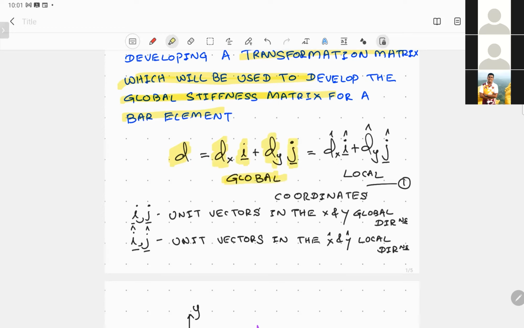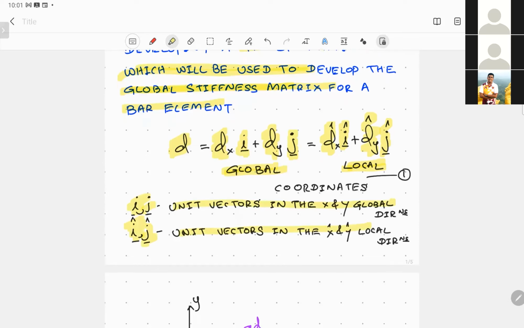The same vector can be expressed using a local coordinate system, given by i hat and j hat, the unit vectors in the x hat and y hat direction, and the corresponding displacements are d_x hat and d_y hat. So this is the same vector explained in two different coordinate systems, nothing new. i and j are unit vectors in the x and y direction; i hat and j hat are the unit vectors in the x hat and y hat direction.